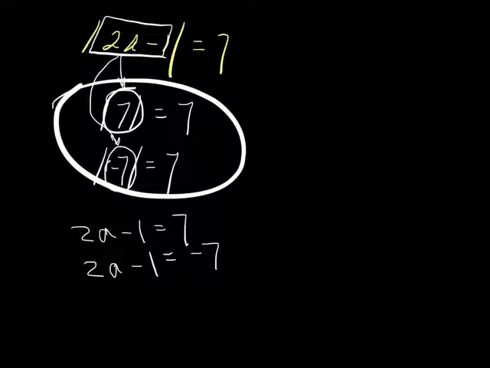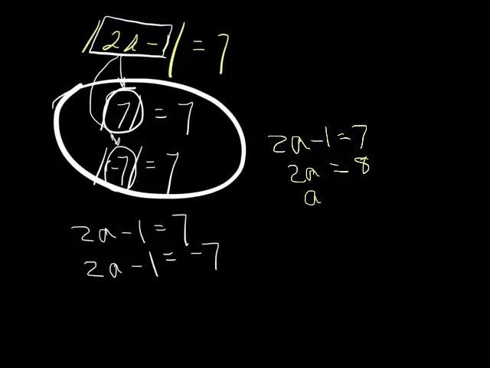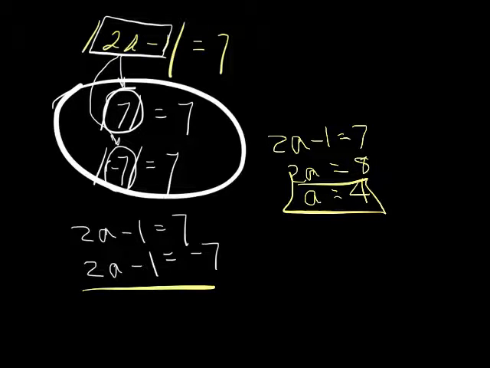So if we do that, we have 2a minus 1 equals 7, 2a equals 8, a equals 4. So one of our answers for a is 4. If we put a equals 4 in here, we get 2 times 4 is 8, minus 1 is 7. Works. Then we also have to do this one here.